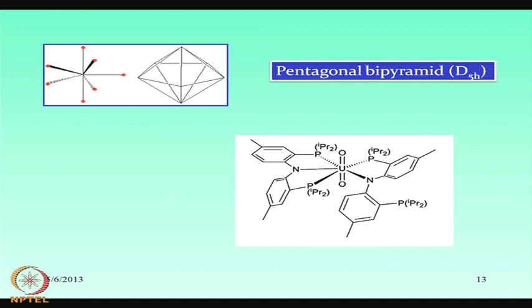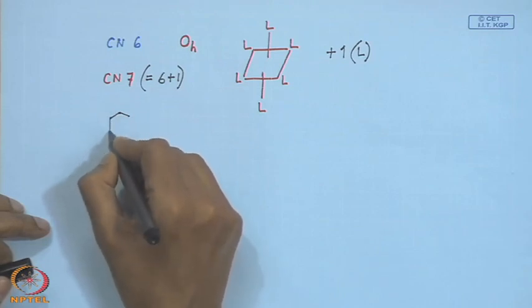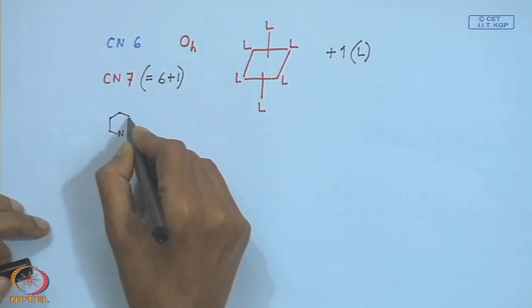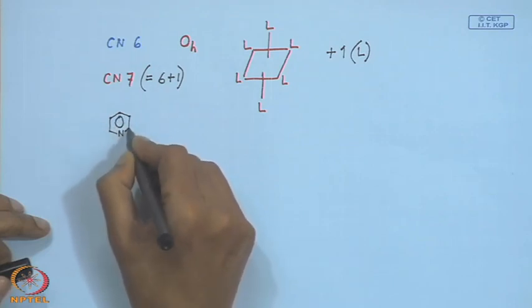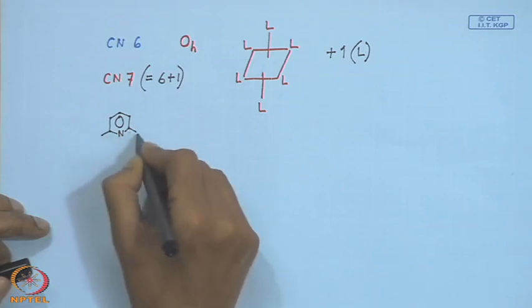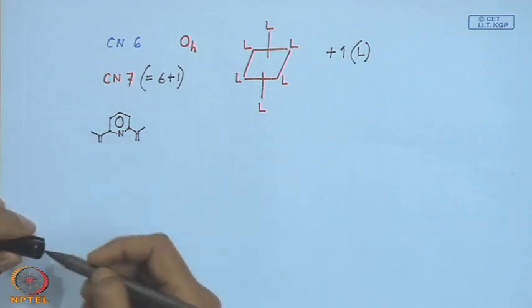So, this sort of situation we can also get if we have a ligand system which is pentadentate, deriving from 2,6-diacetyl pyridine. So, this is 2,6-diacetyl pyridine.